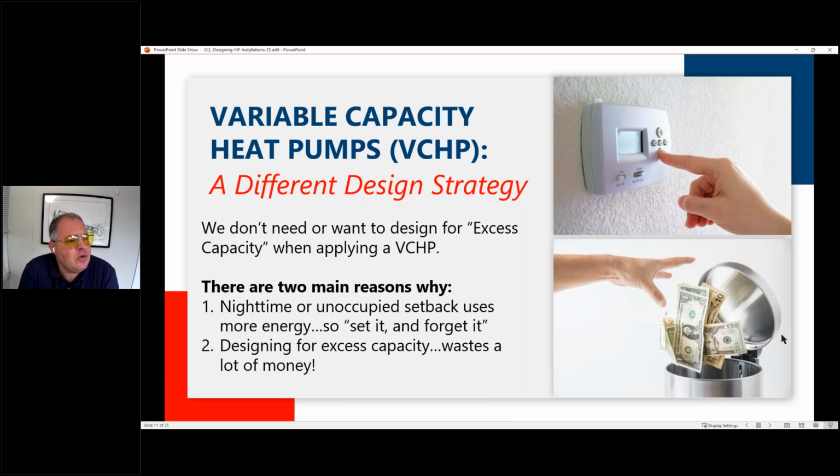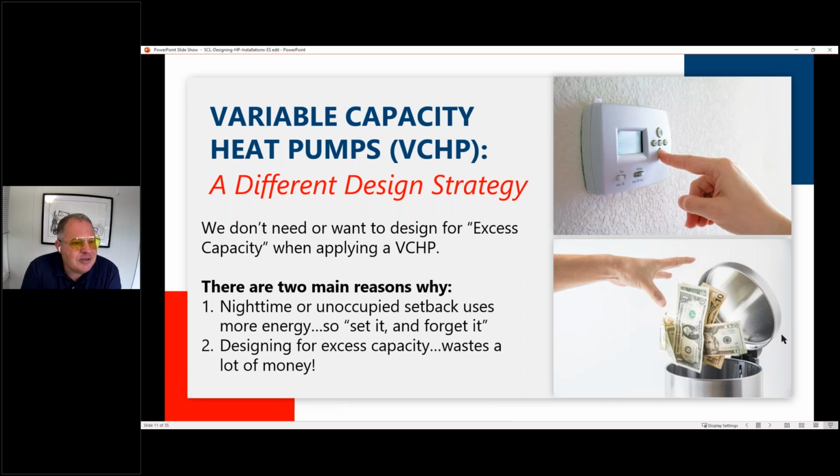And so what people in my role at the manufacturer or distributor have to do to support contractors is teach them a very different design strategy for variable capacity heat pumps. We need to get them to right size, is the term, or make sure that we size the heat pump not to have this excess capacity.